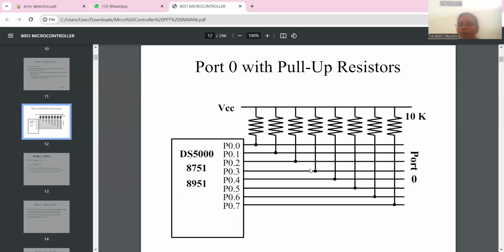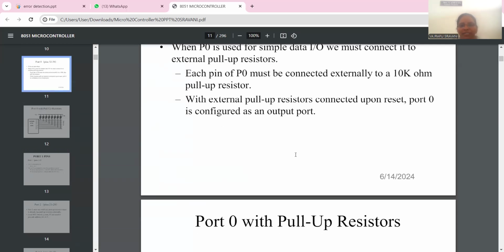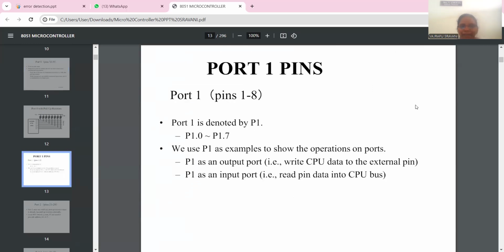Inputs and outputs can be understood properly by connecting pull-up resistors. We already discussed that port 0 carries address and data, multiplexed by the ALE signal, and using ALE we can demultiplex address as well as data.